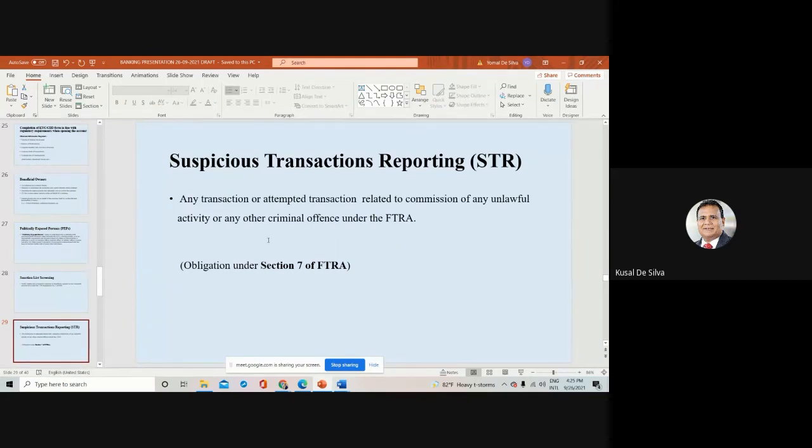That is one of the important acts enacted by Parliament in relation to financial transactions.